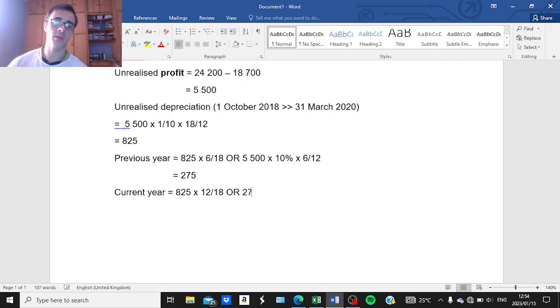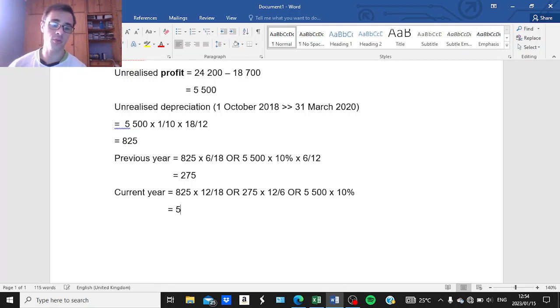Or we could take the amount for the previous year, multiply by 12 over 6, or we could just multiply that by 2. And the final alternative is taking the unrealized profit of 5,500 and multiply this by 10%, times 12 over 12, which is just 1.